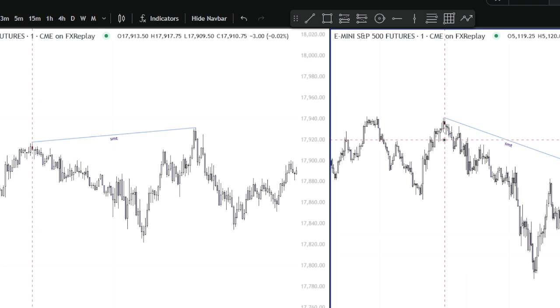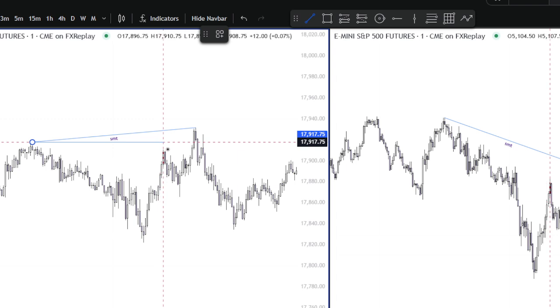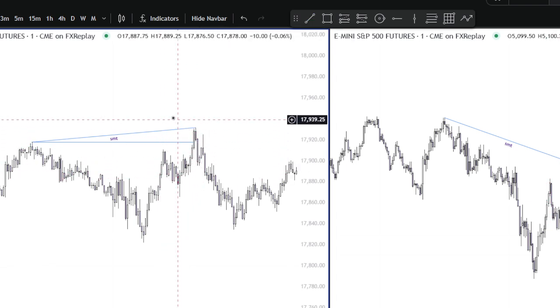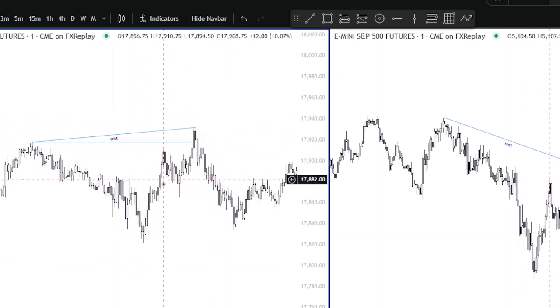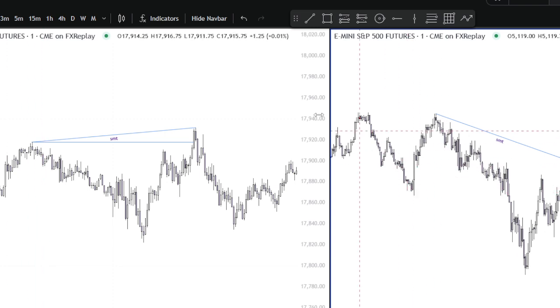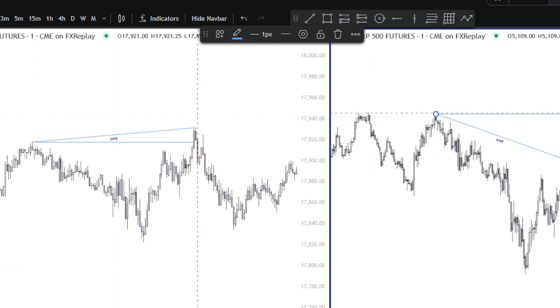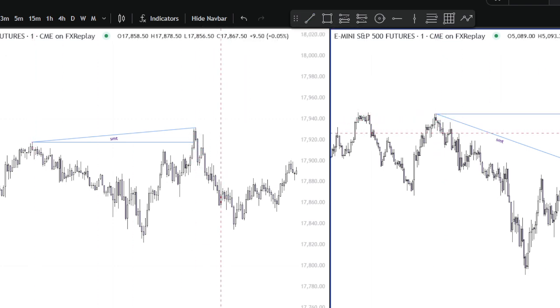Both of these candles, the line starts at 12:45. But what is the difference at the one at 2:16 p.m.? Price takes out this high right here on NASDAQ, on NQ. And on ES, what does price do with this high? Price doesn't take it out.